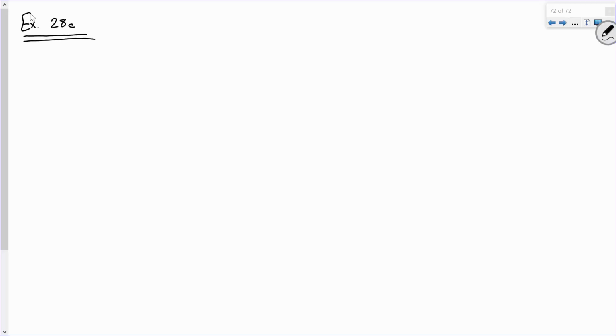Now we are still dealing with the same stress state that we were before. Just so everybody's clear, we're still dealing with a sigma x of plus 6 ksi, a sigma y of minus 10 ksi, and tau xy of, what was it, minus 5? All right.